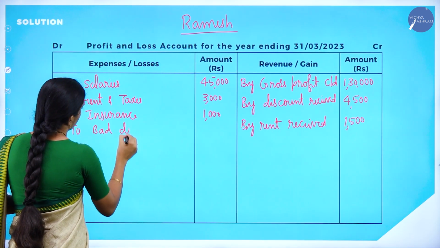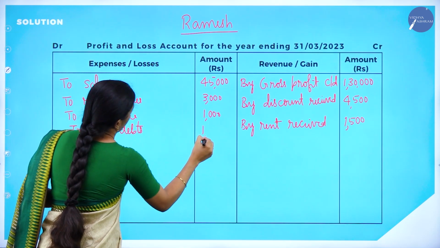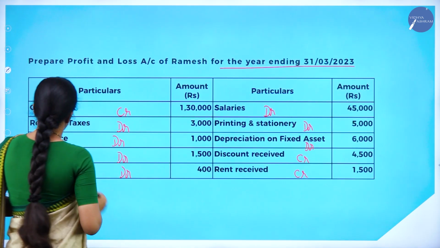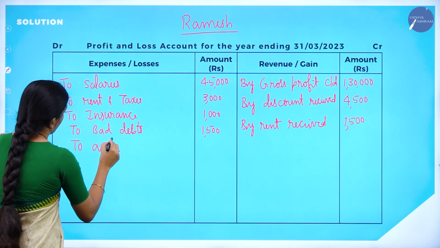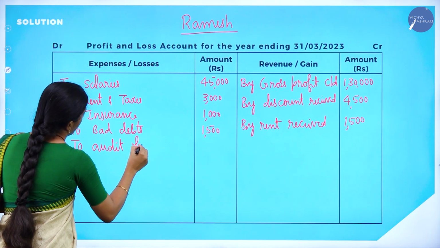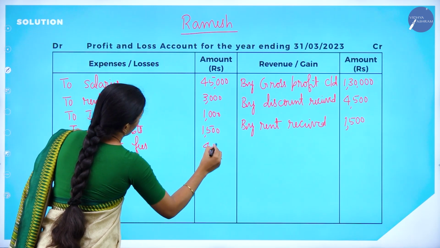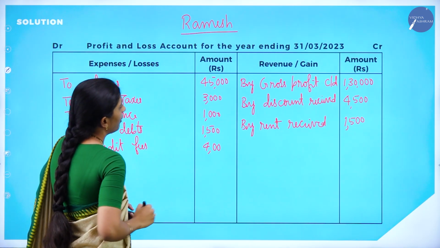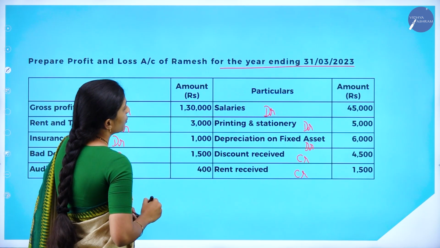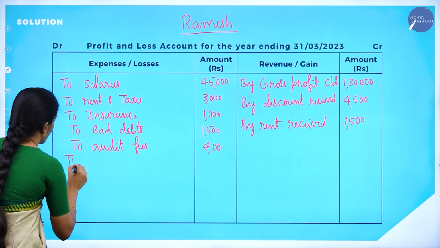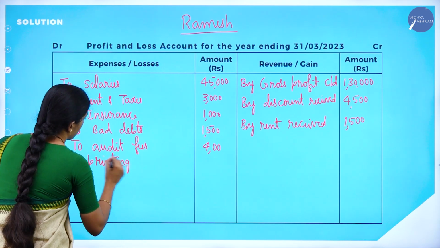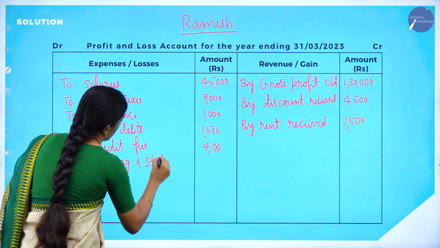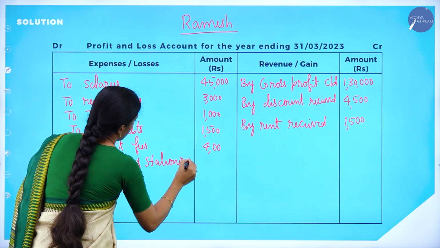To audit fees 400. Next we have printing and stationery 5,000. So to printing and stationery 5,000.